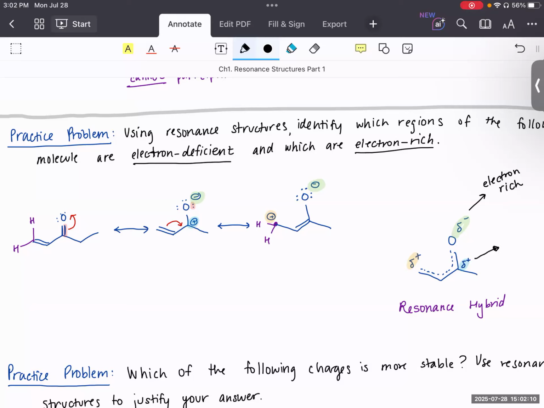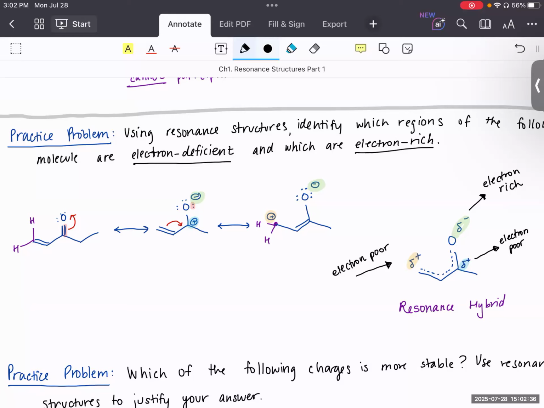Then any place where you have a delta positive is going to be electron poor. So since we have that partial positive charge, we know that that location is deficient in electrons and potentially wants to gain electrons. And then this terminal one right here is also delta positive, and so this terminal carbon is also going to be electron poor or electron deficient.